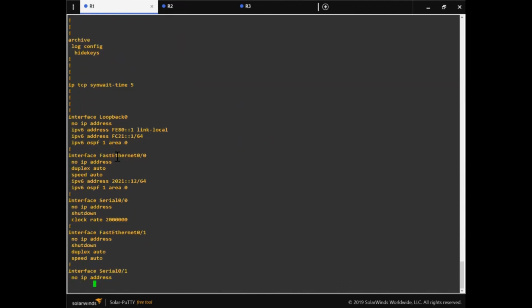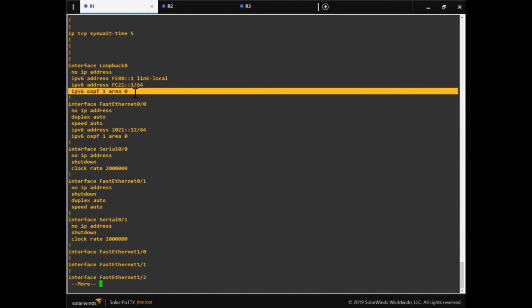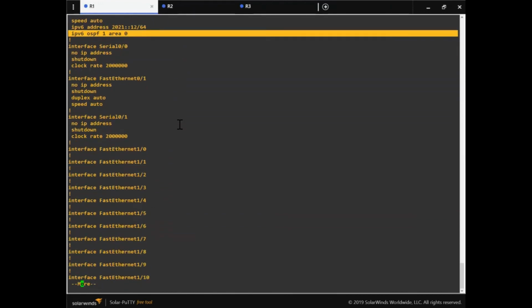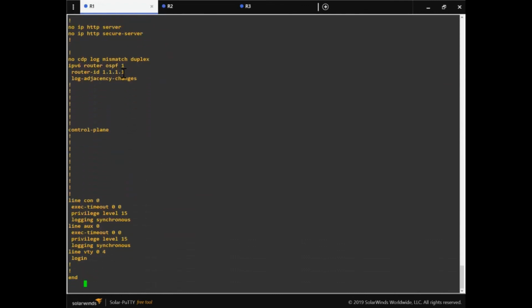And then under my physical interface and the loopback interface, I ran this command, IPv6 OSPF 1 area 0. So here I am providing which area you are part of. And then under OSPF, I just provided the router ID, nothing else.